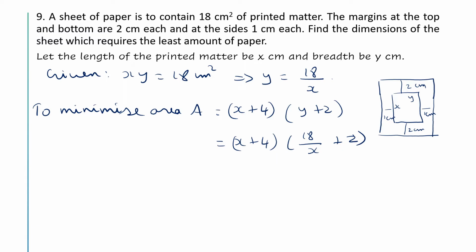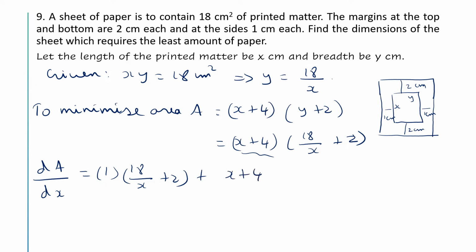So to have minimum area, we have to find the critical points using dA by dx equal to 0. So first let us differentiate A with respect to x. Using the product rule, first differentiate this and let us keep 18 by x plus 2, plus x plus 4 into differentiating this. So we get 18 minus 18 by x square.